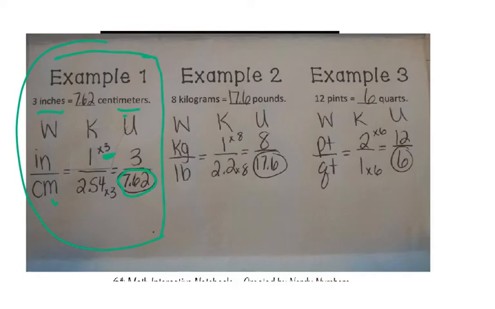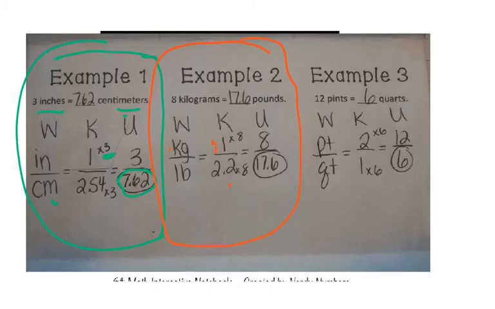Our second example here, we are going from kilograms to pounds. So our words are kilograms to pounds. What do I know? 1 kilogram is equal to approximately 2.2 pounds. I want to know how many pounds are in 8 kilograms. Well, how do I get from 1 to 8?